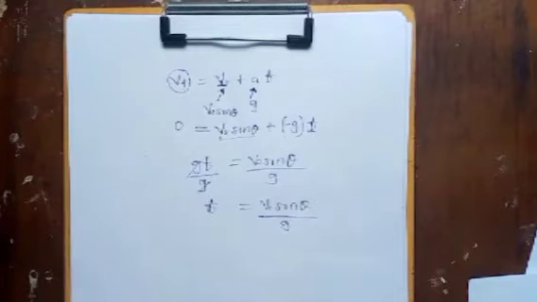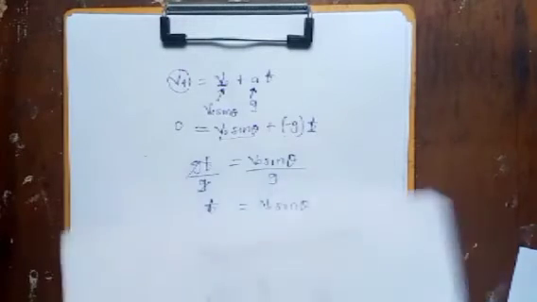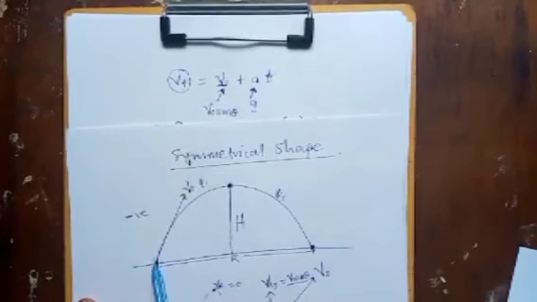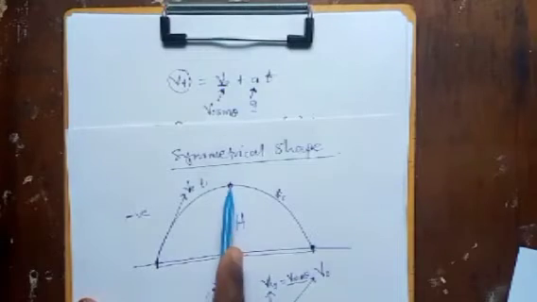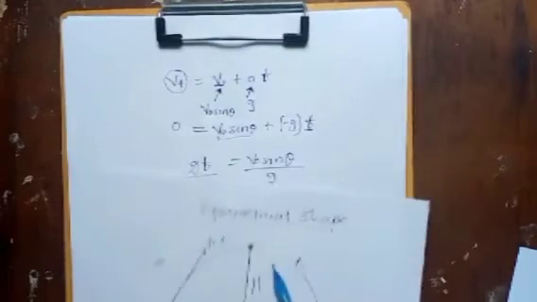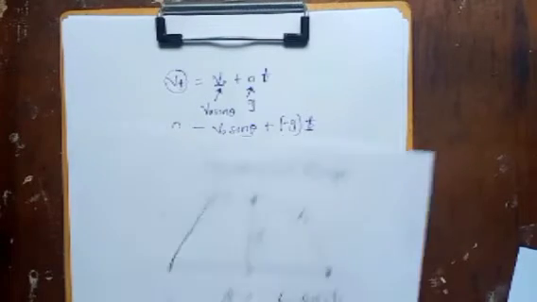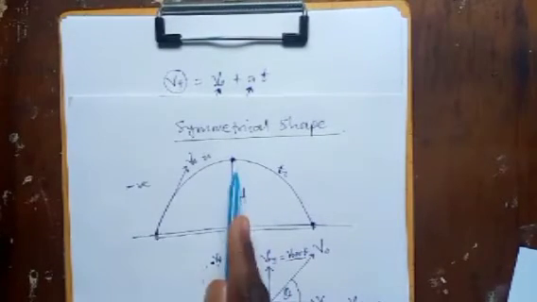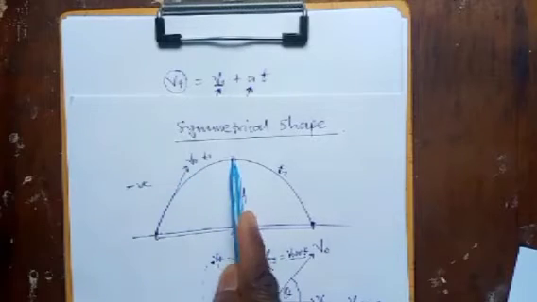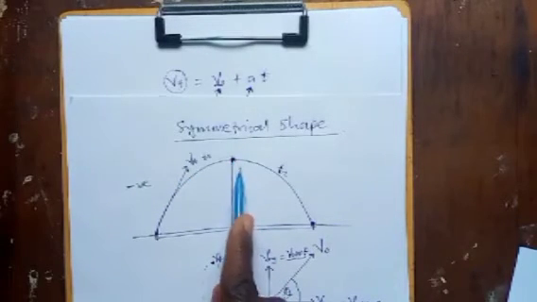Remember, the time it takes for it to move from here going up is the same time it takes to drop down. Meaning that we have to multiply this by 2, or you add it.